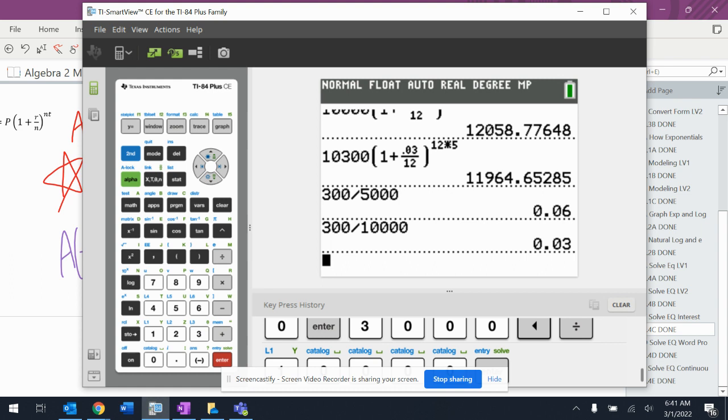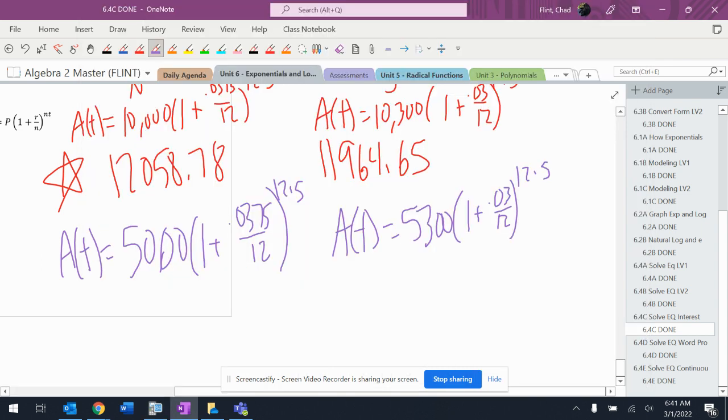All right, so that means you're increasing your amount of money by quite a bit more percentage-wise. You're still just getting $300, but compared to what you had, you're getting a larger percentage increase. So that means it's going to affect the interest more.